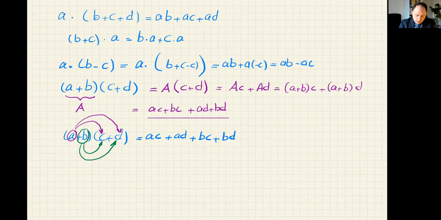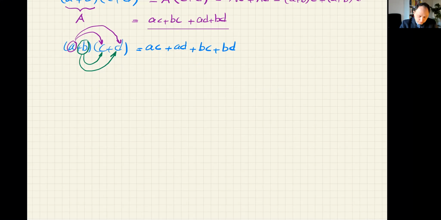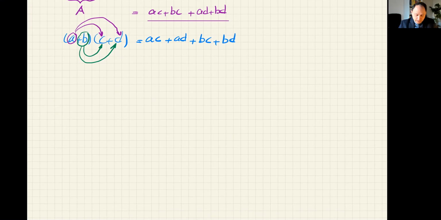Okay, another way to understand this is using geometry a little bit. For example, assume that you have a rectangle. So for example, let me call this one A. So assume that the length of this line is A, and then the length of this line is, for example, B. Okay?